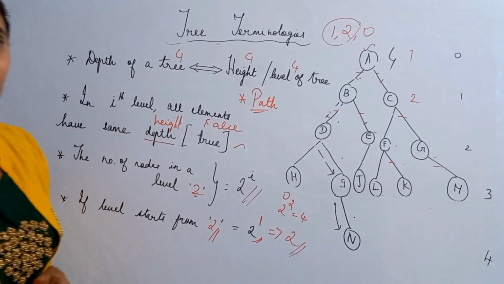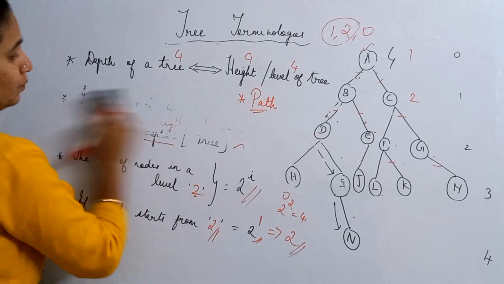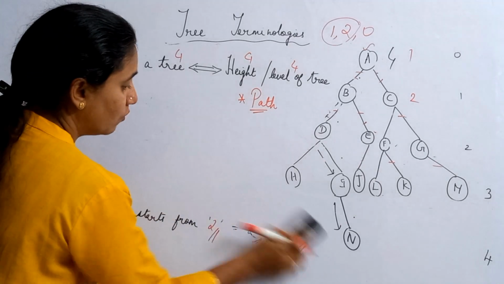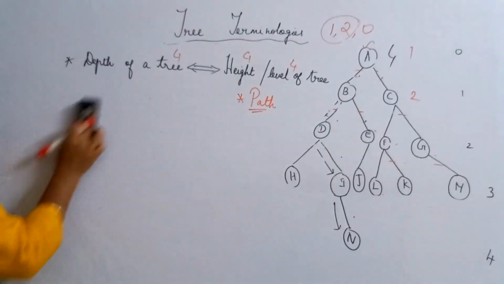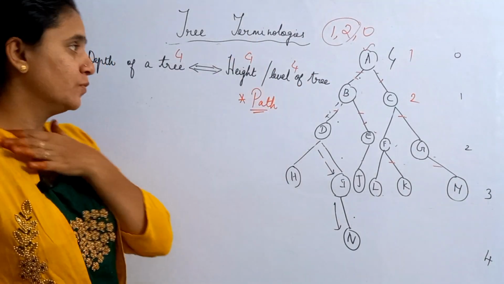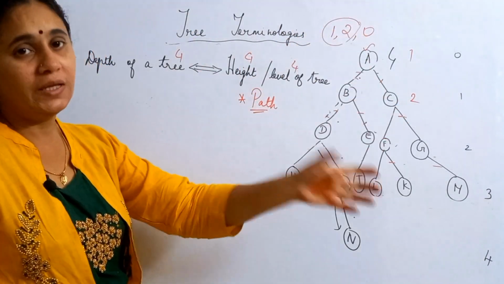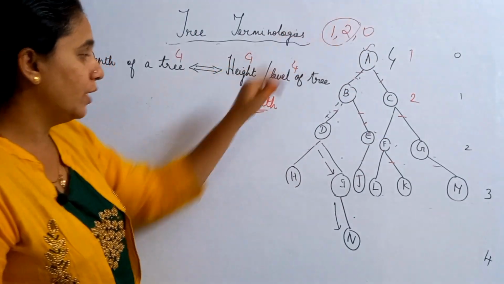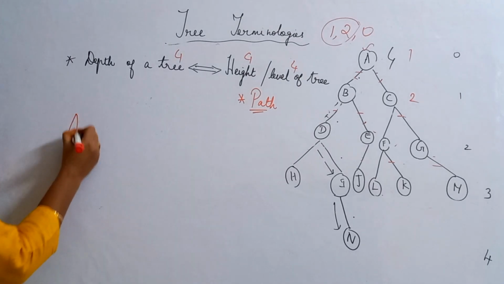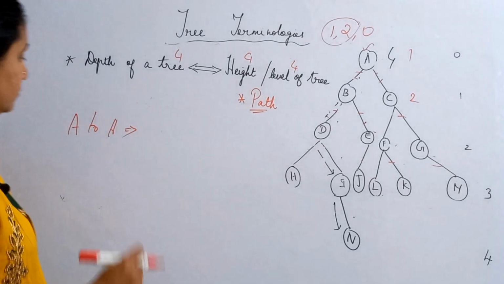Okay friends, so next we are going to see about path. This is also a very important point. So what is a path? A path tells you the sequence of nodes that are connected between the given two ends. For example, what is the path lying between A and H?